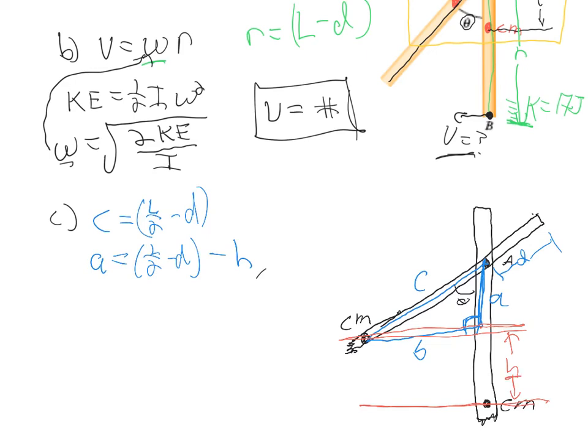So if we can find the vertical distance that the center of mass moves up, we can then find A, which would hopefully help us to find the angle. Because as we can see here, the cosine of the angle theta should be equal to A over C.